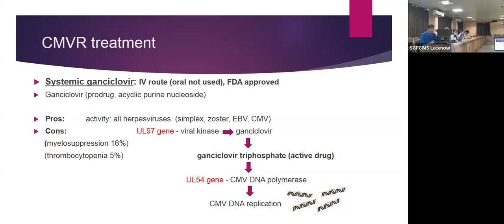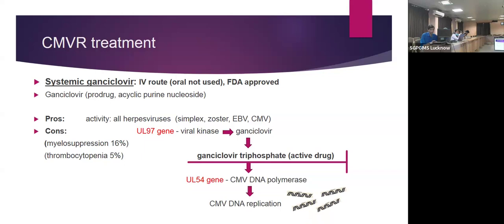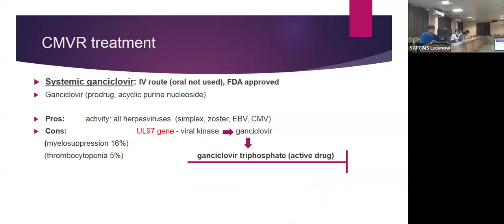It is active against all herpes viruses: simplex, zoster, EBV, and CMV. At the initial phase of viral replication, it binds to the viral kinases, and ganciclovir triphosphate, the active drug, breaks the cycle so the virus cannot replicate further. But myelosuppression is the big issue with this drug.